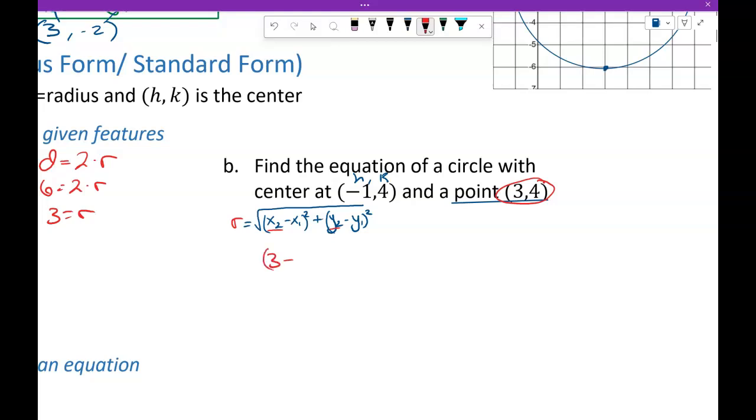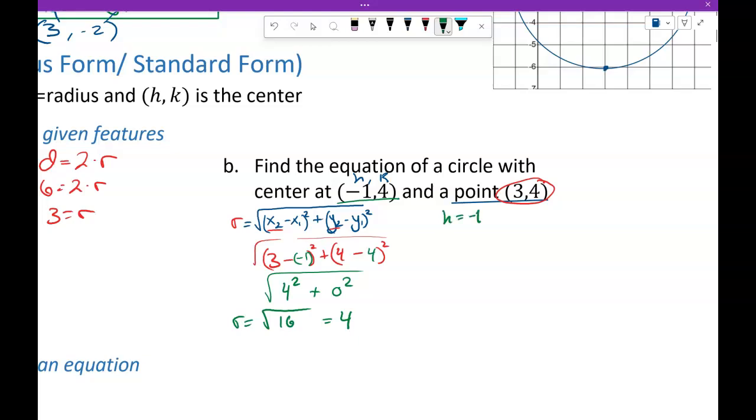3 minus and 4 minus. And then our other point is going to be our center, -1 and 4. So we take 3 minus -1 and we get 4 squared. 4 minus 4 is 0 squared. So our radius is the square root of 16, which equals 4.